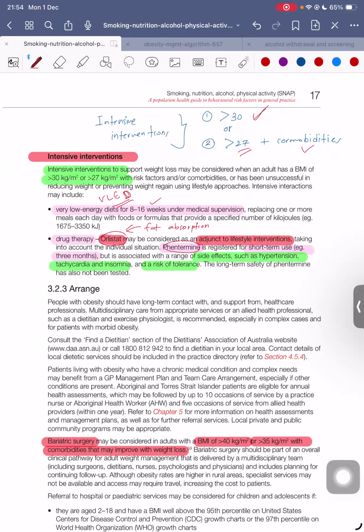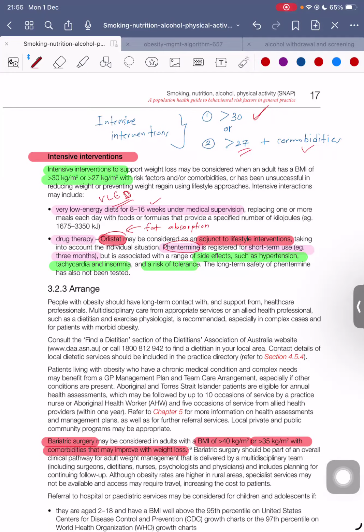So what are these drugs? Orlistat and phentermine. Orlistat works on fat absorption. This can be considered as an adjunct to lifestyle intervention. That means we can give it to a patient who is already on VLED.